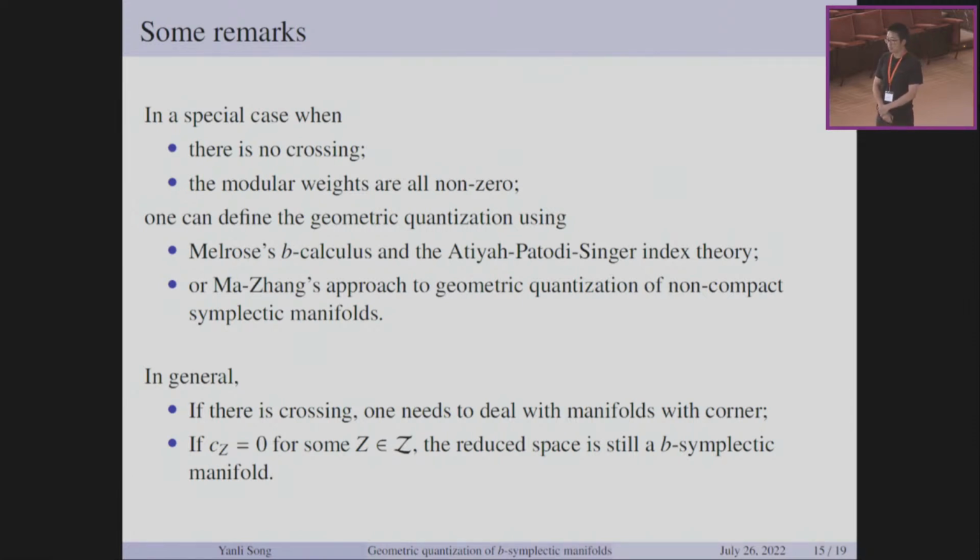But although the reduced space is again a b-symplectic manifold without group action, it still has a stable complex structure, so we can still quantize it.